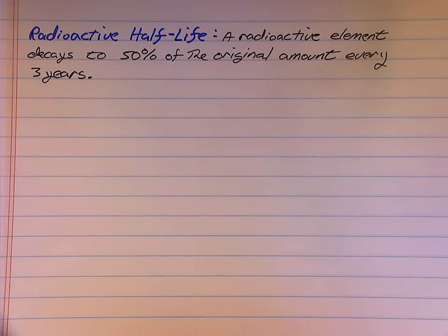Now, given a radioactive half-life: a radioactive element decays to 50% of the original amount every 3 years. Goal number 1, we're going to write a formula for this element. Since we're not given an original amount of the element, it is common to write the formula as a percentage of the original amount.